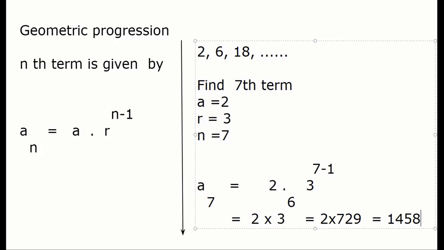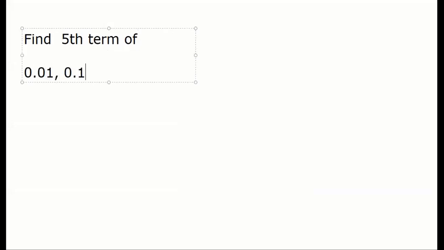This is the basic of GP. Now if I say, find the fifth term of 0.01, 0.1, and so on, use the formula and then manually and check both are coming correct or not. Use the formula also, use direct also. Tell me what is the fifth term of this.